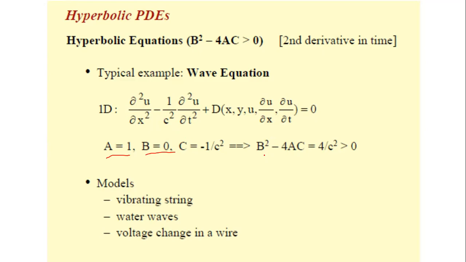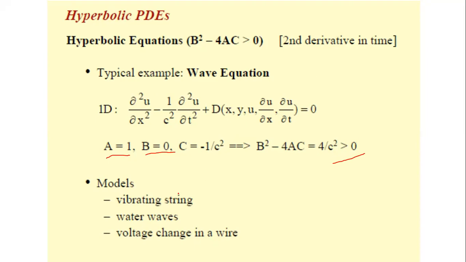Now if you calculate b square minus 4ac, b square is 0, minus 4 into a is 1, into c which is minus 1 upon c square. So b square minus 4ac is 4 upon c square, which is greater than 0. So this kind of wave equation is called a hyperbolic equation.